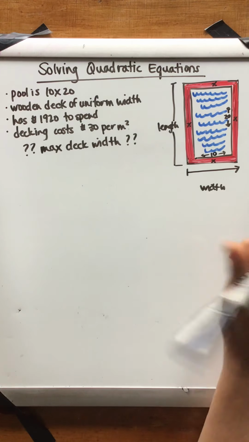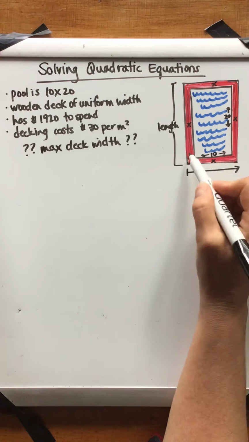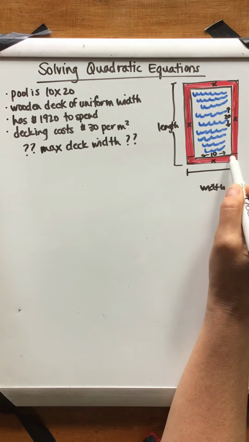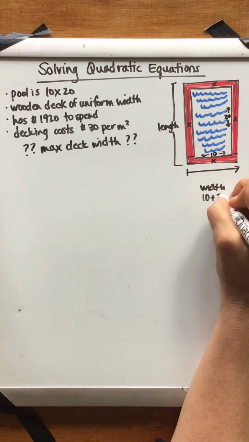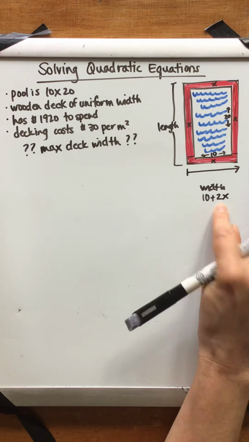So what is the width here? Well, we have the width of the decking right here, which we've called x, on both sides, and we also have the width of the pool, which is 10. So the total width is going to be 10 plus 2x. Okay, the pool and two widths of decking.